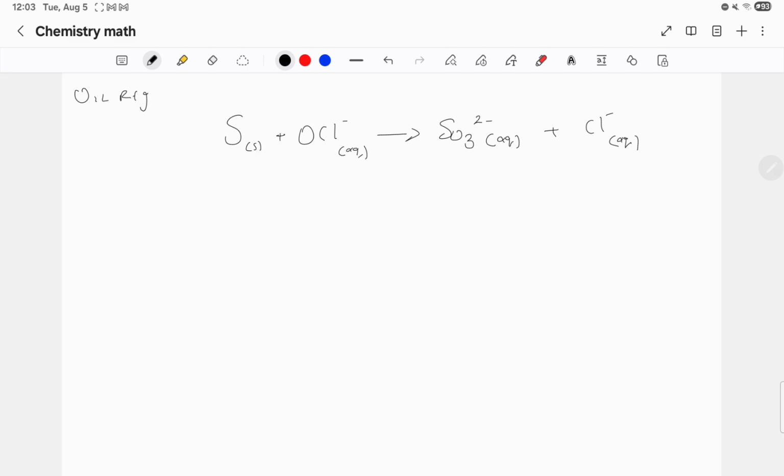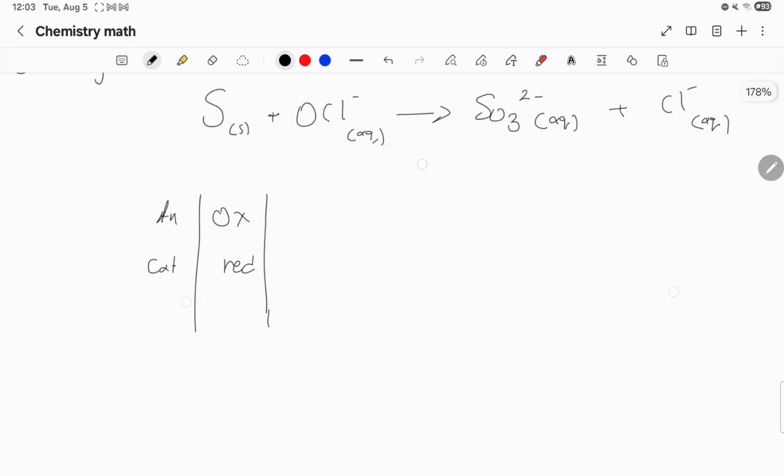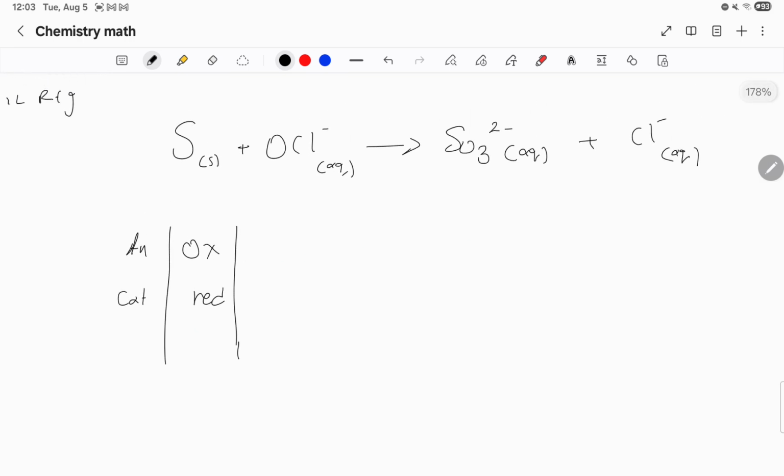Now, this one is actually quite easier to do. Again, you have to split into two half reactions, so I will already write down my anode oxidation, cathode reduction. I will then assign oxidation numbers.